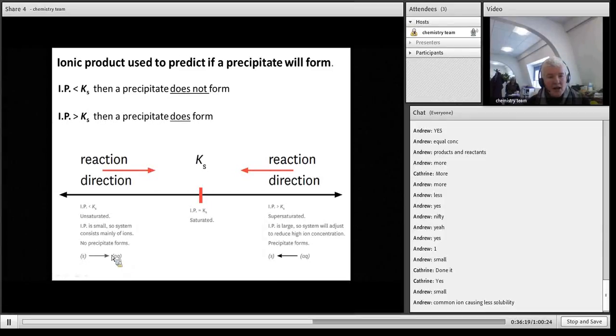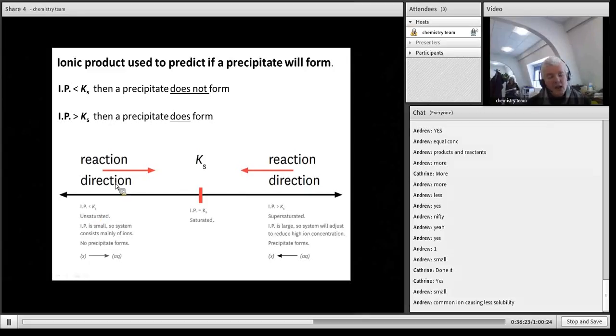If my IP is smaller, then when it tries to reach equilibrium, remember that when an ionic product is smaller, the equilibrium lies to the left. I've got more reactants and fewer products, because IP is smaller.